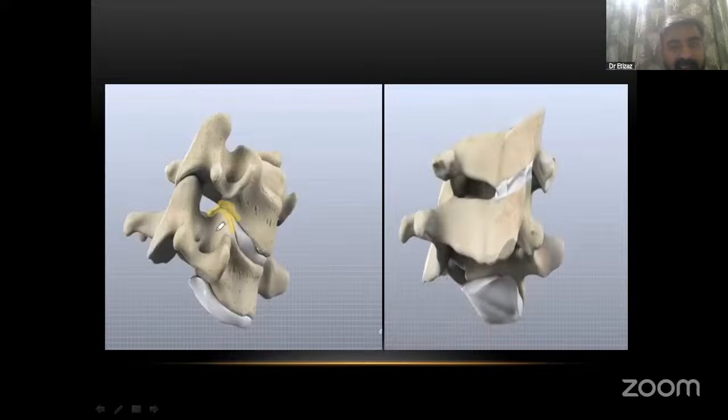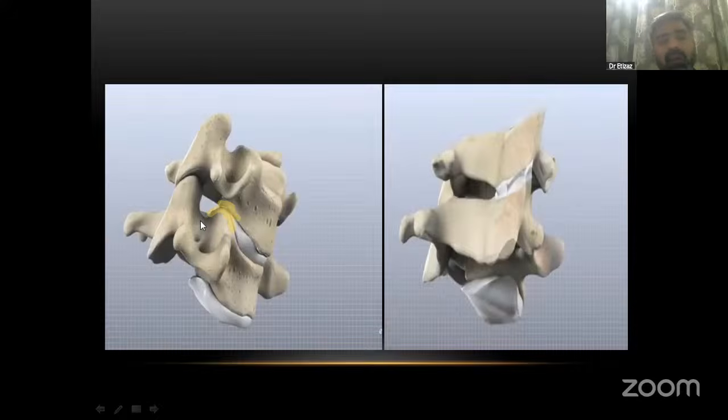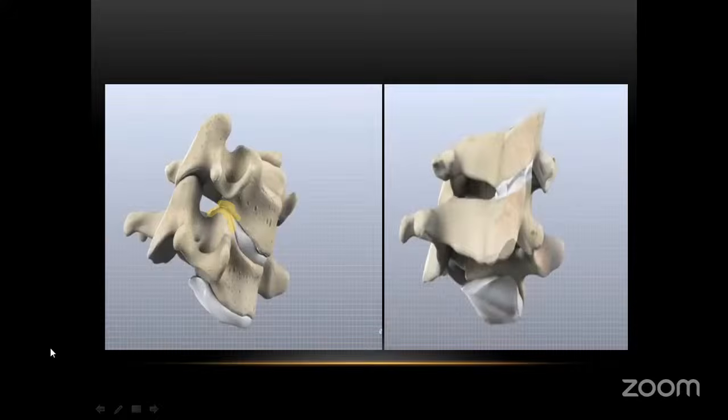Importance of this joint? Yes, Dr. Sana, you gave the answer. Sir, during dissection, during corpectomy, we have to stop at this point. Maybe I am wrong.